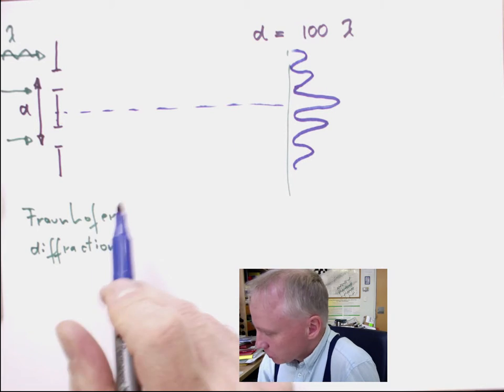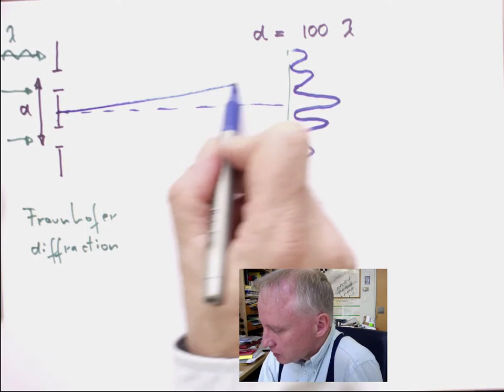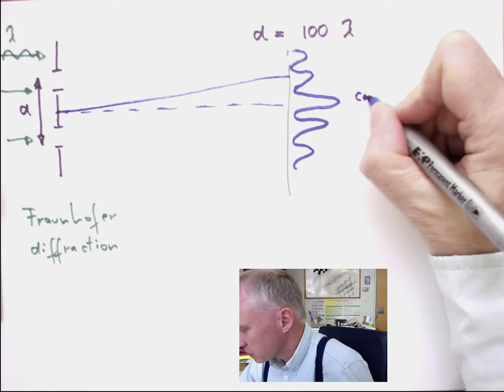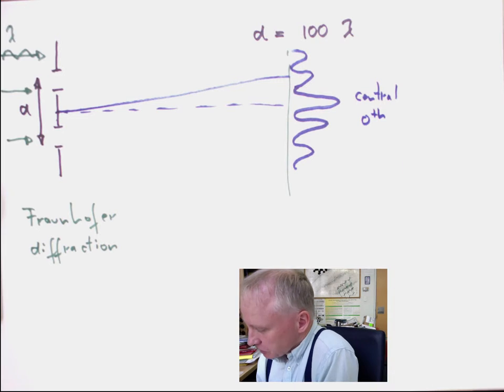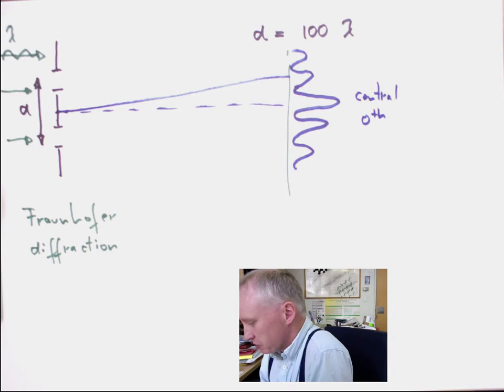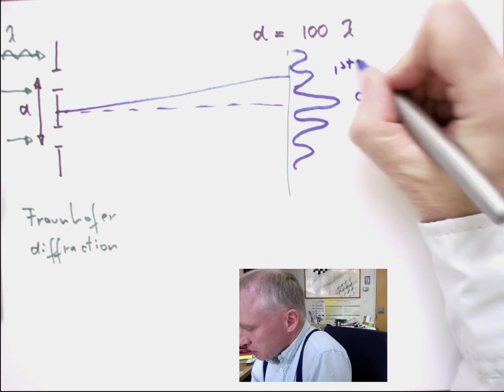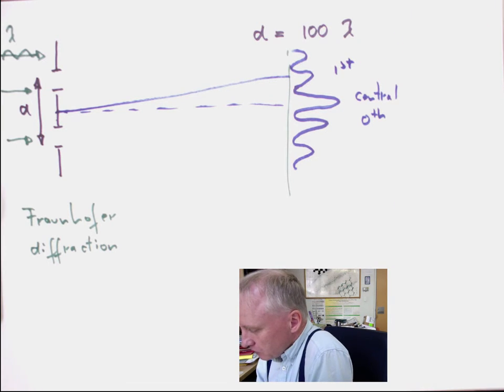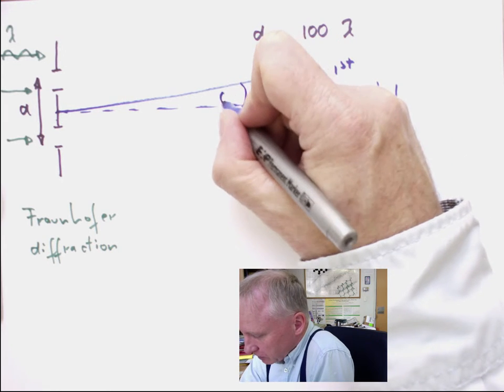And the problem asks us to work out what the angle is between the zero maximum or the central maximum. Sometimes we refer to it as the zeroth, sometimes we refer to it as the central maximum, and this would be the first maximum, the first order maximum, or the primary maximum. And we're interested in this angle theta here.